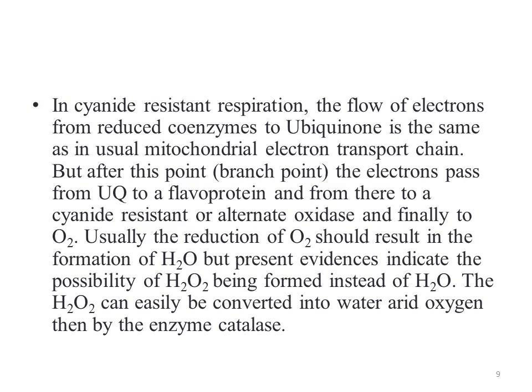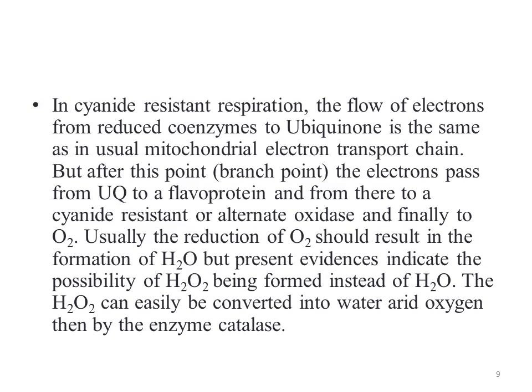and from there to a cyanide resistant or alternate oxidase, and finally it is converted into oxygen. Usually, the reduction of oxygen should result in the formation of a water molecule, but present evidence indicates the possibility of hydrogen peroxide, formulated as H2O2, being formed instead of water.